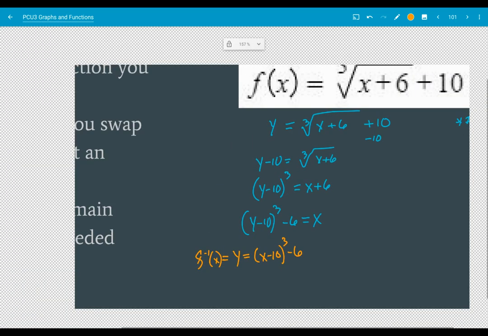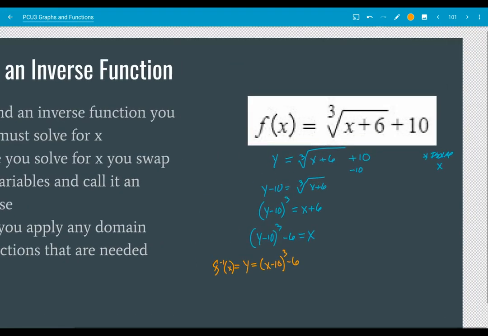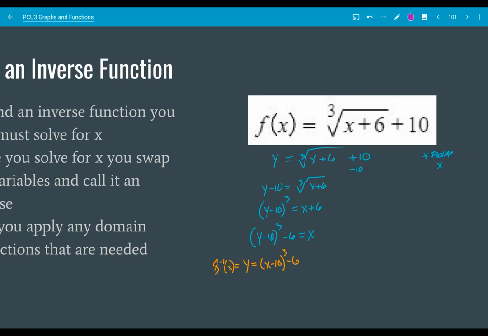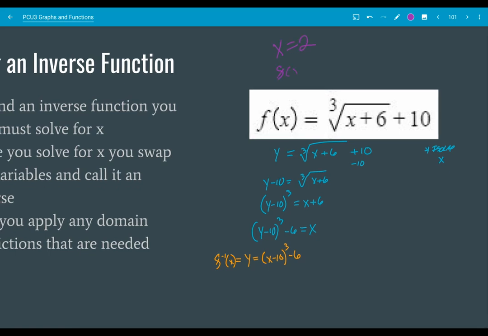Now, the reason inverse functions work is this, and what they're used for. So let's work in purple. Let's say x is equal to 2. So we're going to evaluate f of 2.